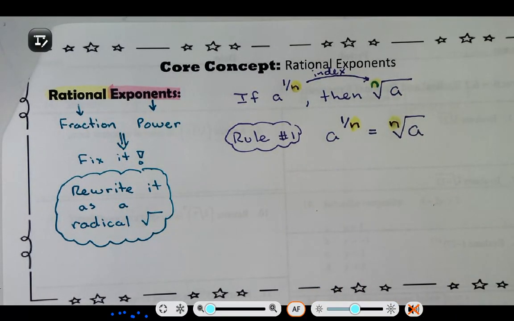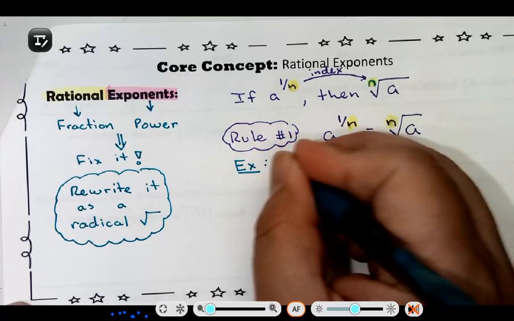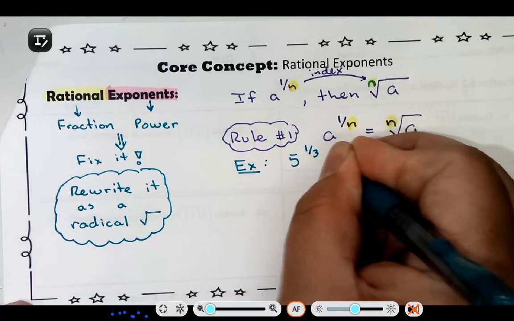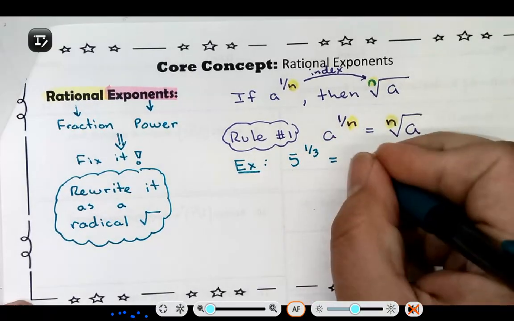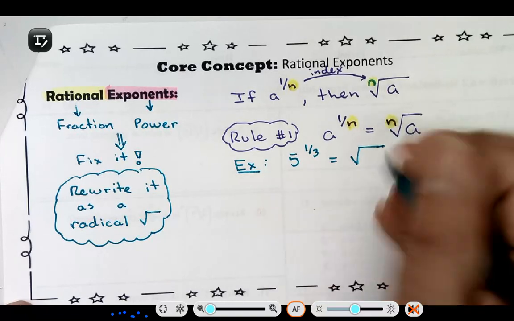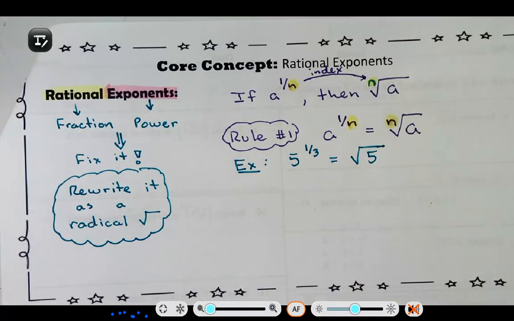Now, quick little example, of course. So, for example, if it says 5 to the power of 1 over 3, well then, I see a fraction, I turn it into a radical. The 5 is the base, so that goes inside. You don't mess with that. But what am I going to write as my index?